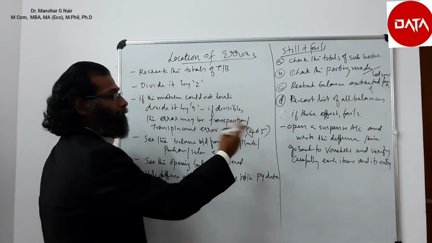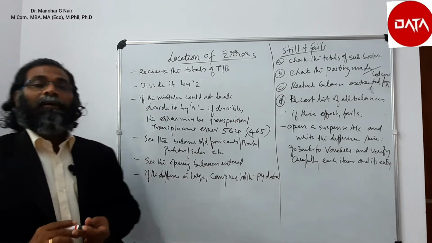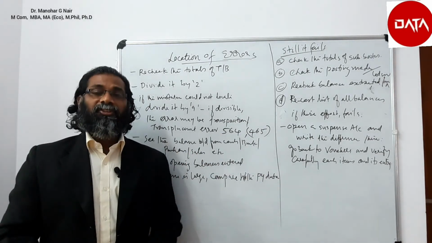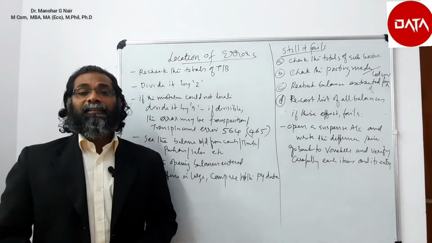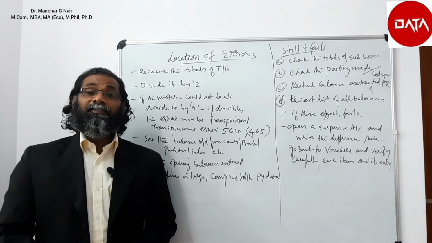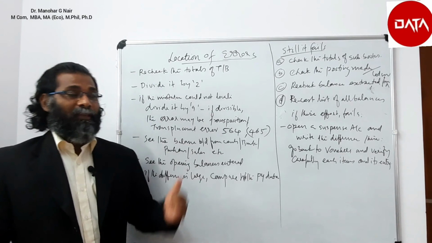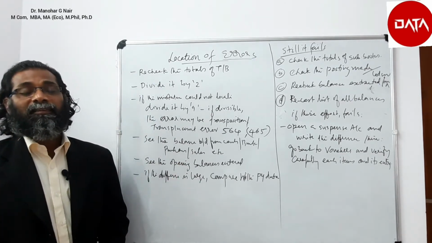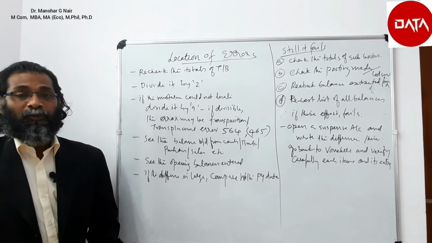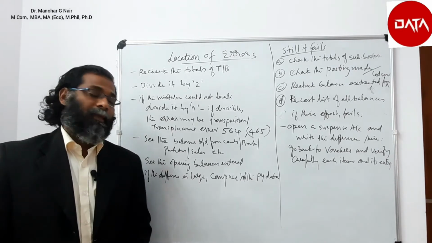So like that, the place of the digits may be changed. If that difference is easily divisible by 9, then we can trace that this is a transposition or transplacement error.